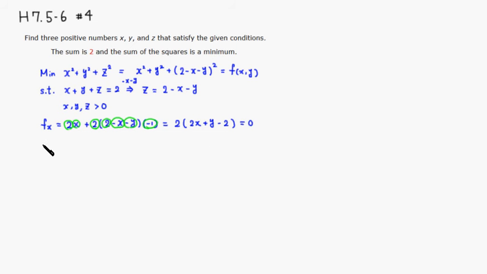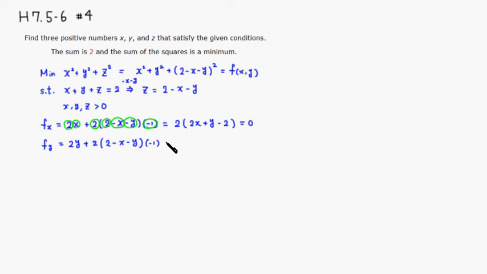Let's look at the partial with respect to y also. The partial of x squared would be 0 because it's a constant. The partial of y squared would be 2y. The partial of this is done the same way: put the power in front, keep the same quantity 2 minus x minus y, subtract 1 from the power, then multiply by the partial of this with respect to y, which would be negative 1 again.